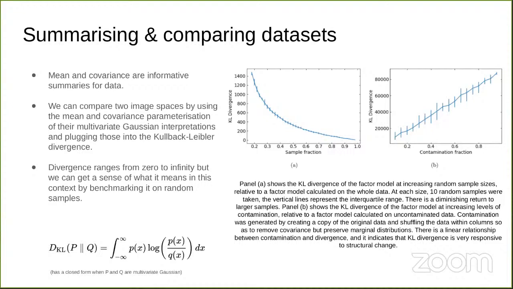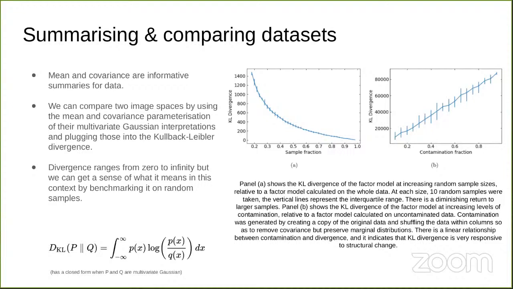The reason this is cool is because we can use this to compare two data sets to each other via a measure of divergence called the Kullback-Leibler divergence. That's a way of quantifying how different two probability distributions are. And it just turns out that for multivariate Gaussians, it has a closed form.